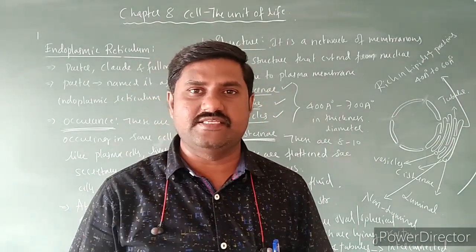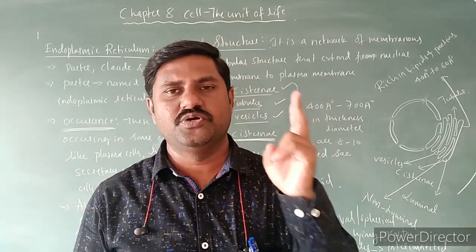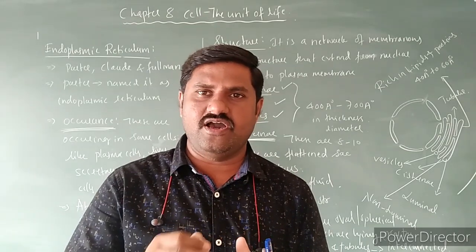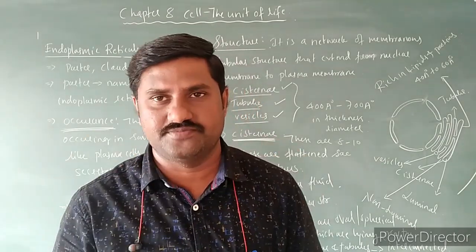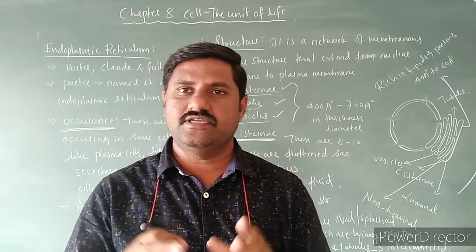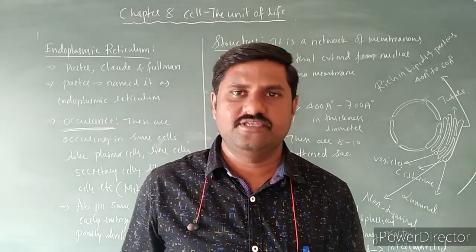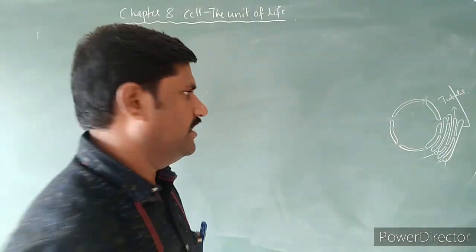And the next one is that the endoplasmic reticulum itself is divided into two types, based on the attachment of ribosomes on its outer surface or not. What are those two types? Let us see now.